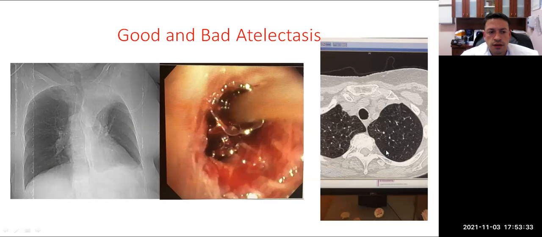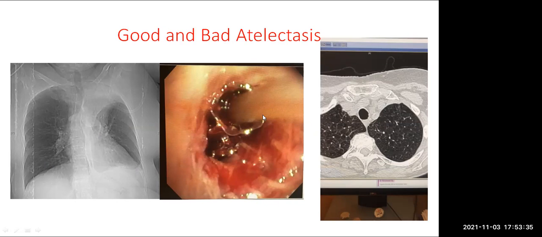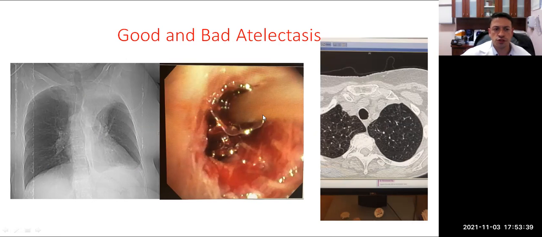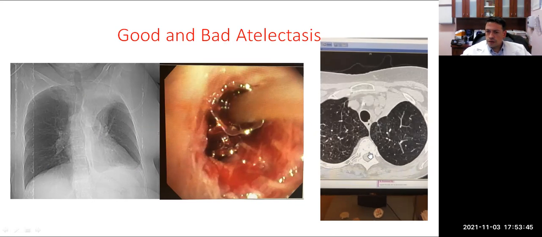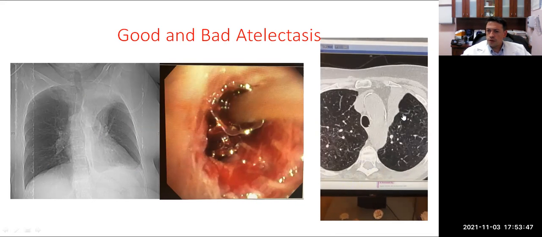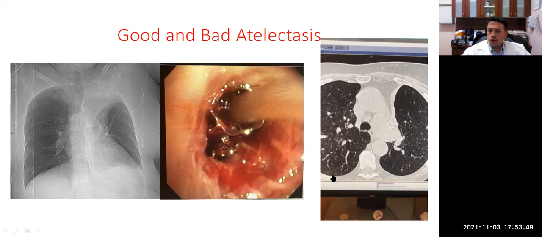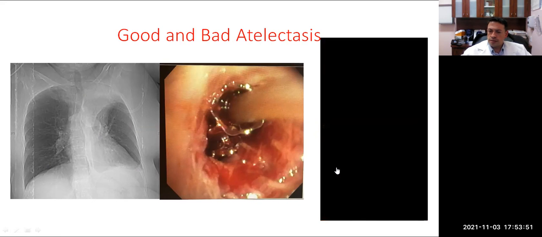Is this the slide? Yeah. This patient, I was concerned about this patient. This is a different patient. You want to see the best CAT scan or the best X-ray, which is the one where there is a thin sliver of a lobe.